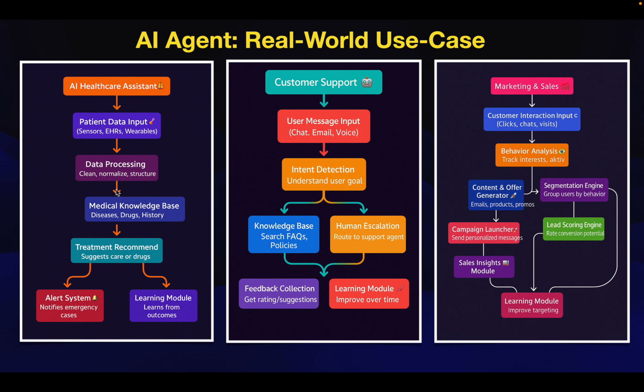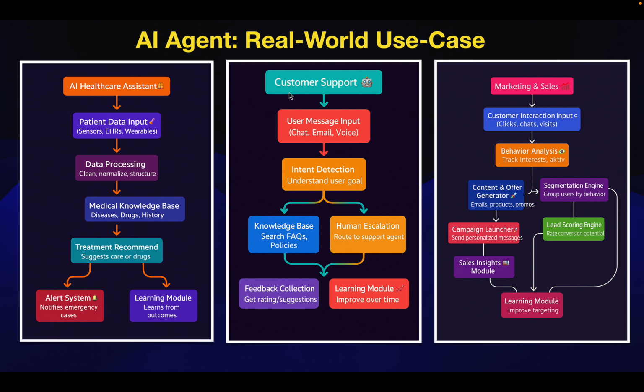We have the medical knowledge base with disease symptoms and drug information. They already know about the drug and the disease, and everything is stored in the knowledge base in vector form. Then an AI agent recommends a treatment plan based on these blocks. It alerts the doctor in case of any emergency, and finally it learns from every outcome and improves further recommendations. So this is all about the AI healthcare assistant.